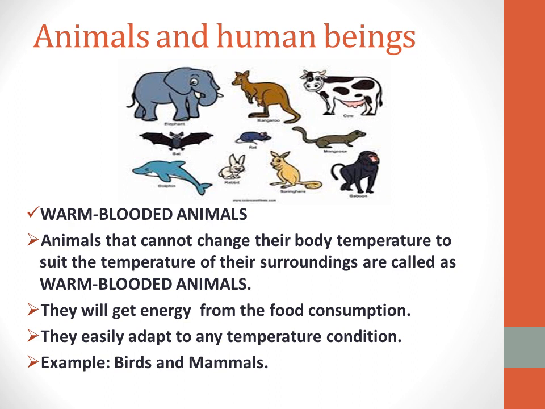The main point is they can easily survive and live in places where extreme temperatures are there. Examples of warm-blooded animals are birds, mammals, and also we human beings.